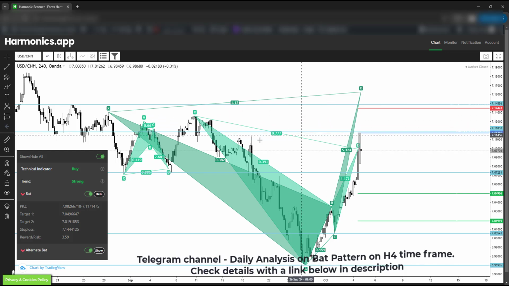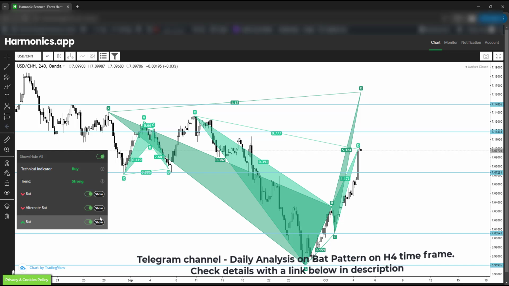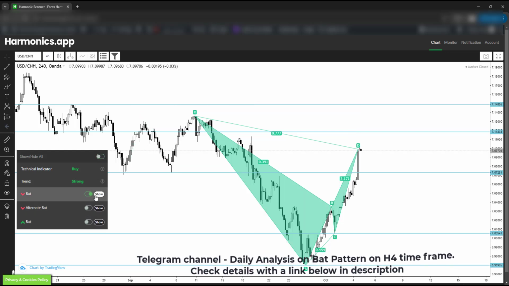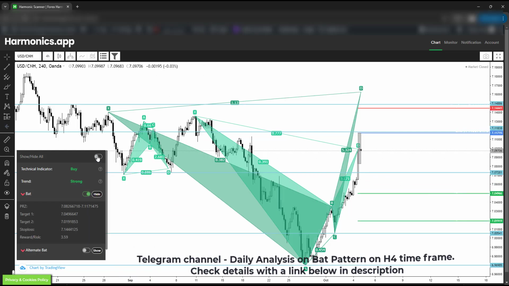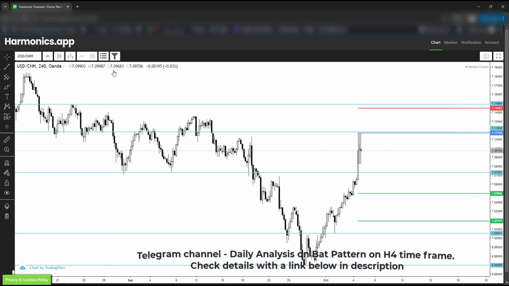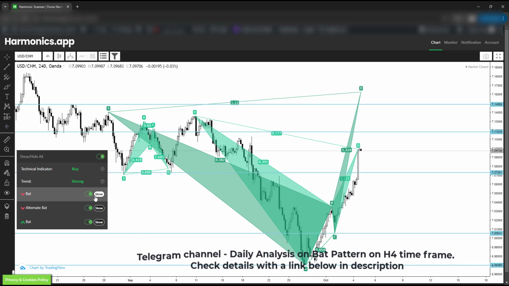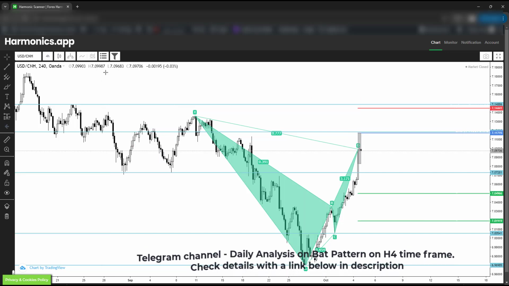Now you can see the price, sorry, only this one. I don't want this one, I don't want this one, I only want this one. Okay, this is the one. Okay, sorry, I lost this one. Hide, hide, hide, show. Great.